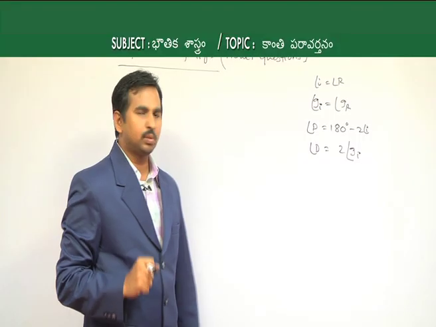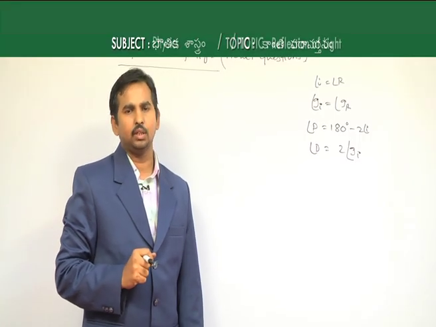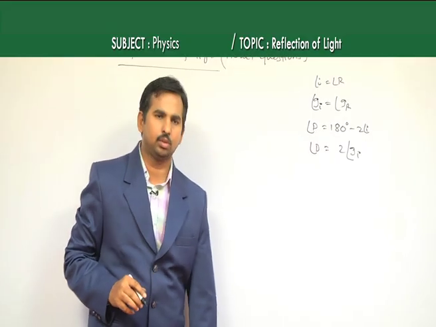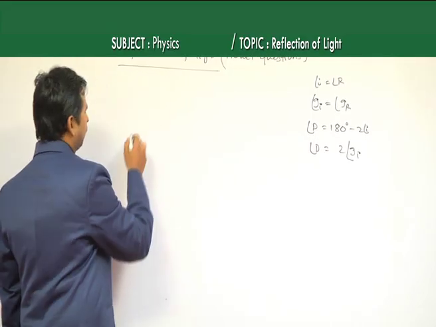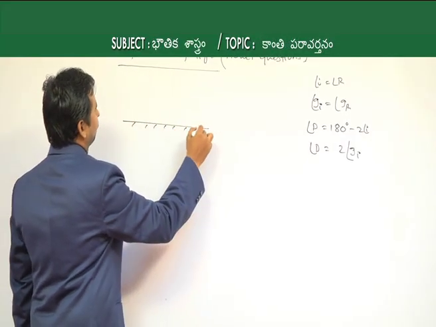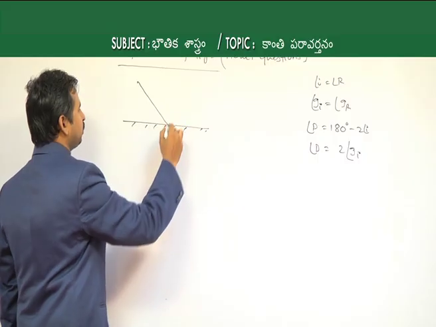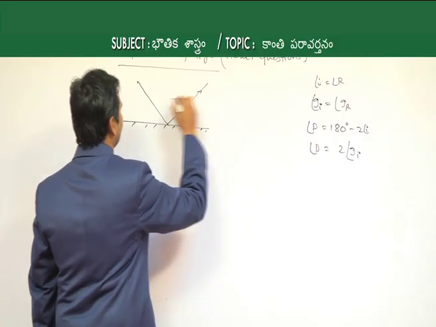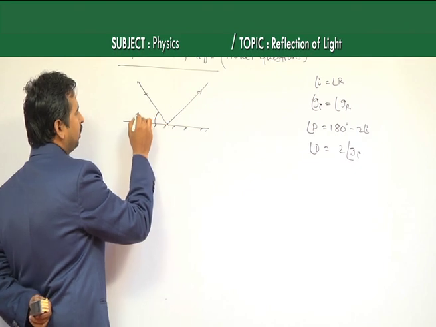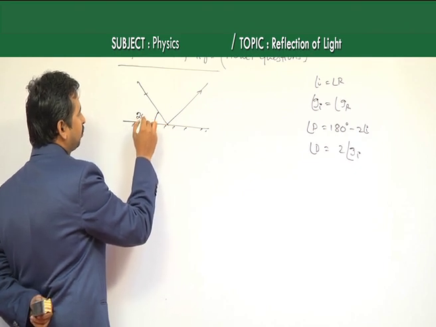These are the relations between the angles we have in different cases when you are using plane mirror reflection. For example, you will get questions like this. Consider a plane mirror, and let us suppose a ray of light is incident on it and reflects back. The angle given is theta equal to, let us suppose, 20 degrees.